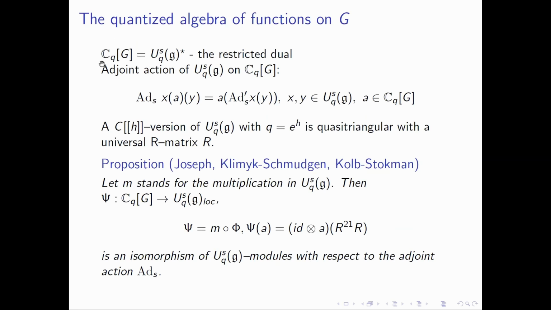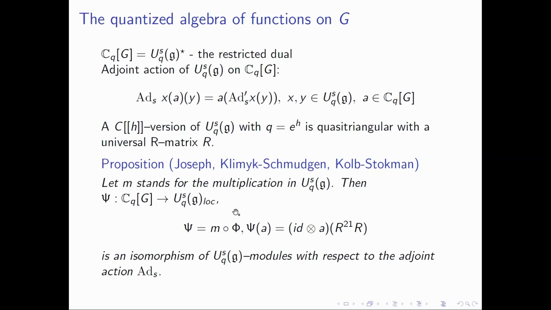But of course, as an algebra, this algebra is quite different from the quantum group. The point is that one can still introduce an adjoint action on it induced by the adjoint action of U_q(g) on the quantum group. And then there is an isomorphism of the restricted dual and of the locally finite part of the quantum group.